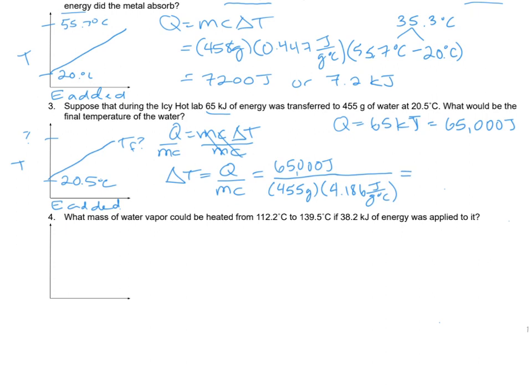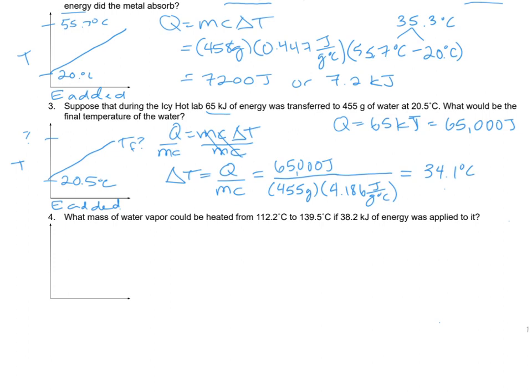And when we divide that and do the math, 65,000 divided by 455 divided by 4.186, the actual number of sig figs at the end will be 2 sig figs, but I'm including an extra one before I do my final calculation. So 34.1 degrees Celsius. That's my change in temperature, but I actually want to know the final temperature.